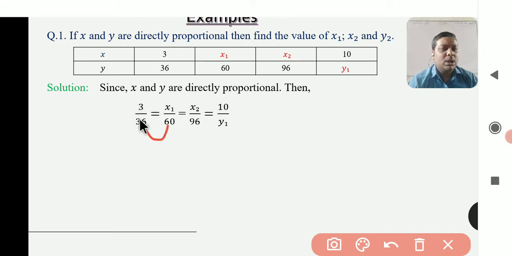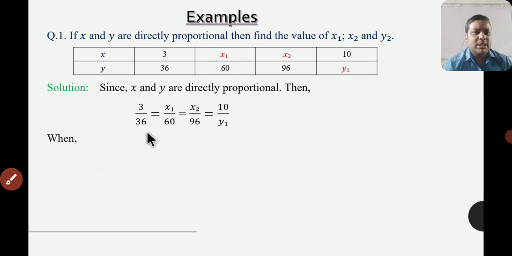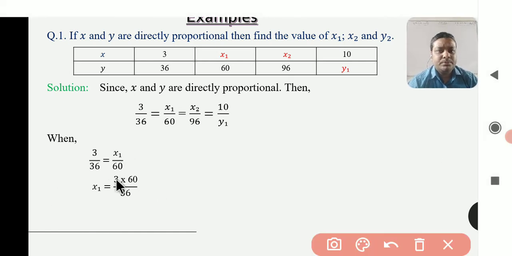When 3 by 36 is equal to x1 by 60, we can use the cross multiplication method. We multiply 36 with x1 and 3 with 60. If we take 60 to that side, it goes from division to multiplication with 3, so 3 into 60, and 36 will be downside. Now x1 is alone, so we can write it like this. Now we have to solve it.